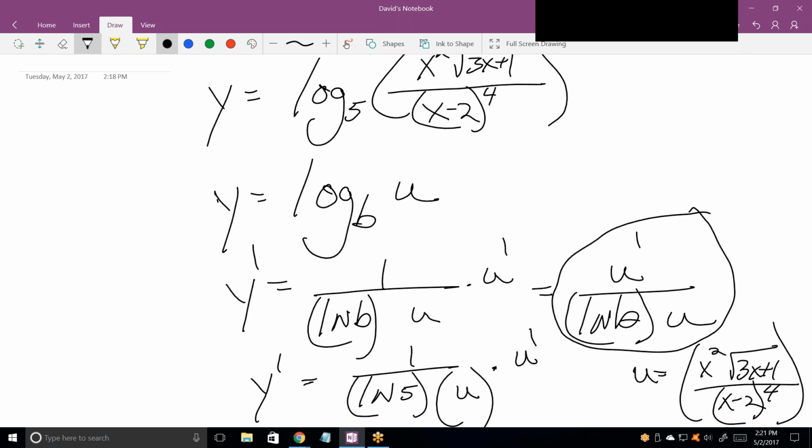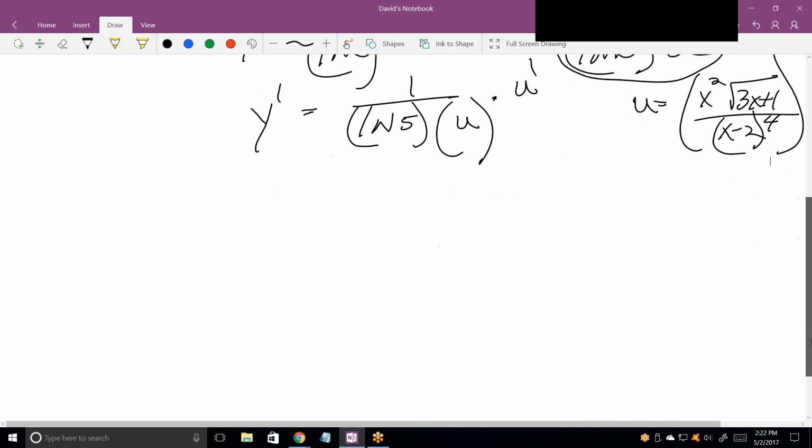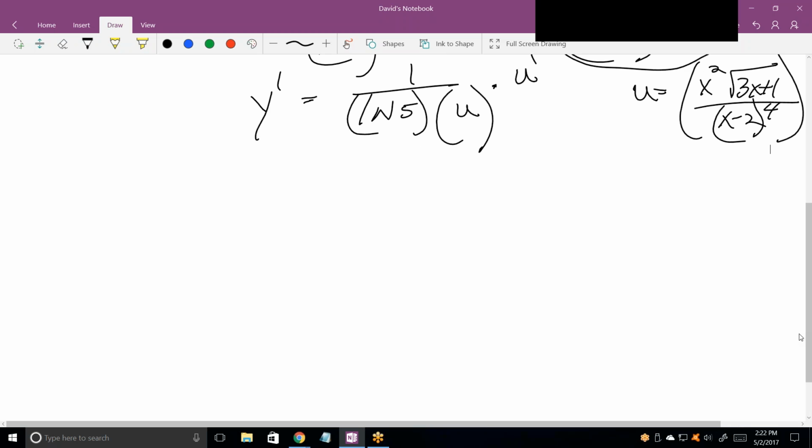Why would they make this so complicated? It makes me think that I'm missing something. Well, we know we need u prime at some point. What do we have to use? Quotient rule.